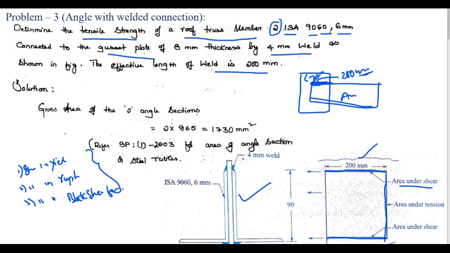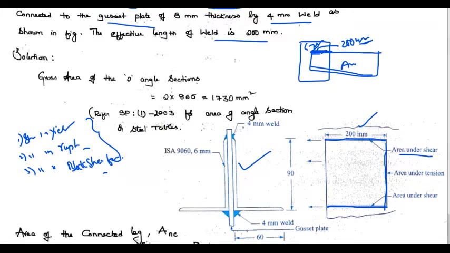So let us find out what are these three tests for this section. When we are trying to calculate the yield strength, we have to put the gross area of this section. So we have two angle sections, right? So gross area of one angle section into 2 will give you the gross area.